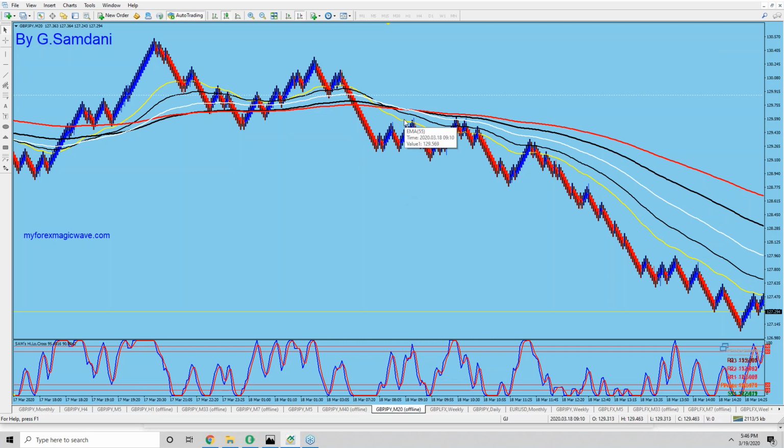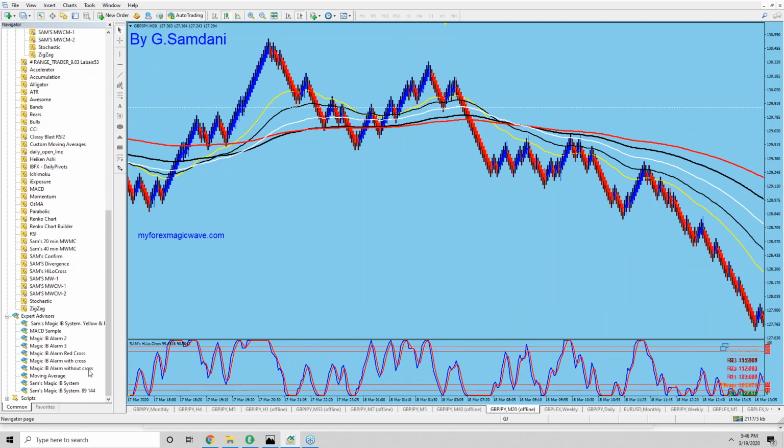With cross means this yellow has to be below the red as well when you're getting the entry, okay? Which in this case is the case, right? Here, in this setup, yellow is below the black and the red, so that's fine. 100%. This indicator is all the way up. Then your alarm will be beeping. How do you put the alarm? You have this alarm here.